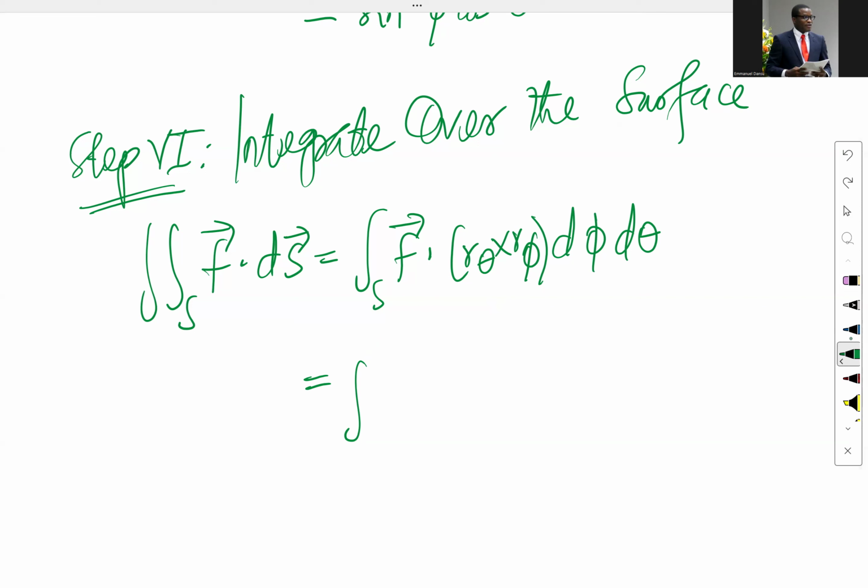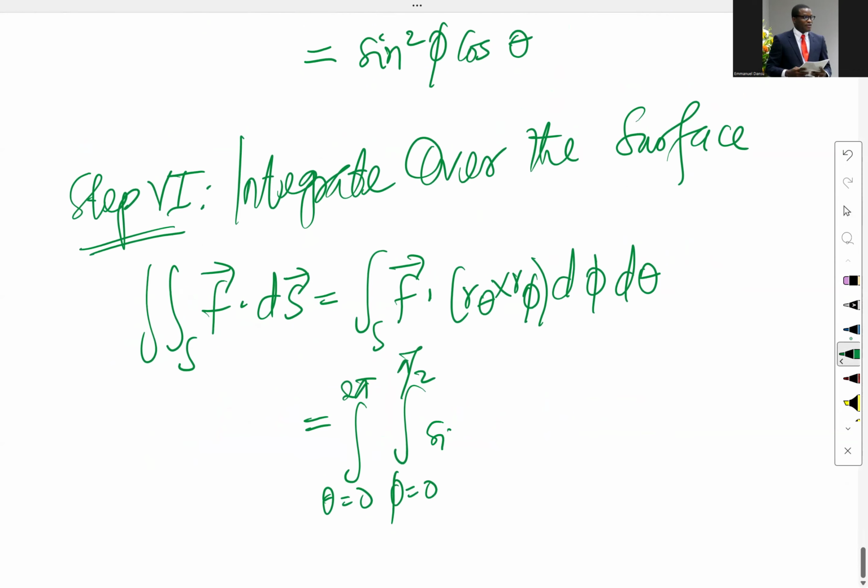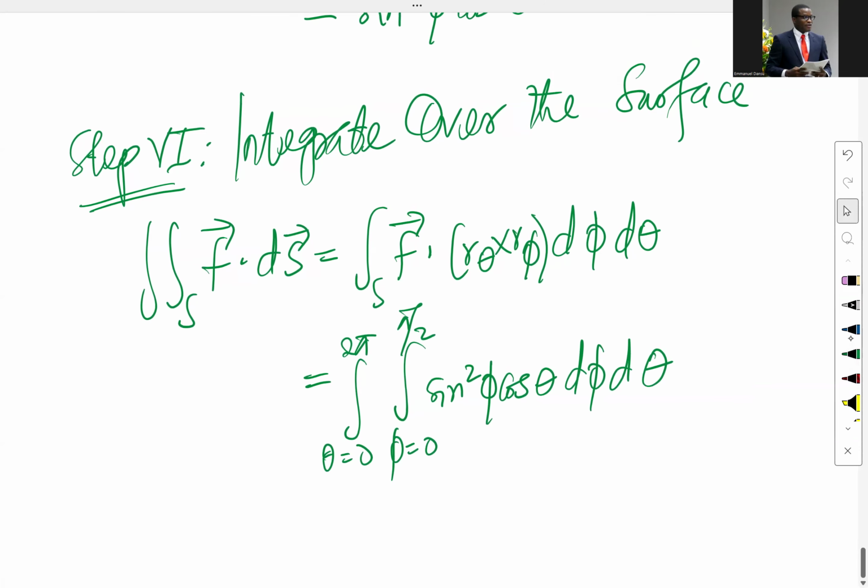So we have theta equals 0 to 2 pi, integral from phi equals 0 to pi over 2 of the final expression we got, sine squared phi cos theta, then d phi d theta. If you evaluate this expression, you will get the final result. I could as well leave it this way because it can be quite complicated.